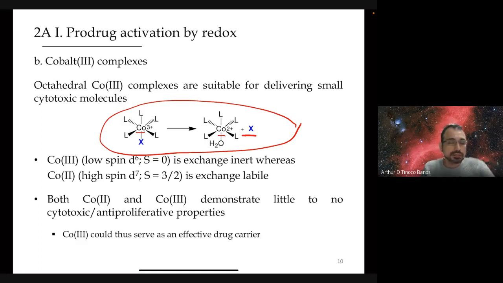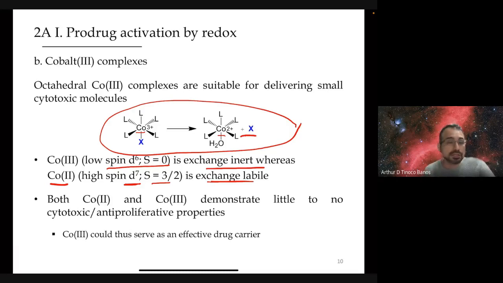All right, so let's talk a little bit about the metal centers. Co(III), low spin d6, has a spin value of 0, and is actually exchange inert, whereas Co(II) has a high spin d7 and an overall spin of 3/2, and is actually exchange labile.